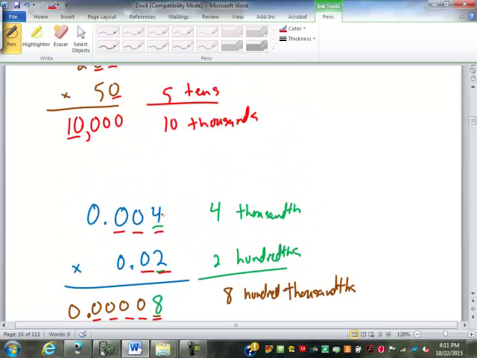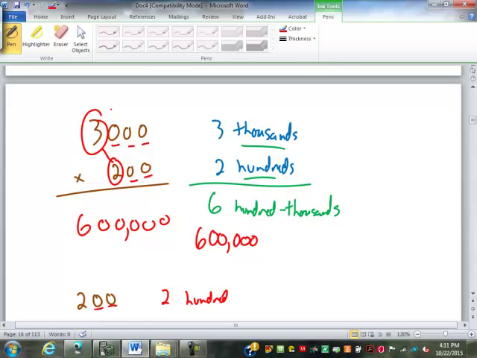If we scroll back up, 1, 2, 3, 4, 5 zeros. Those patterns that we've talked about all semester, those patterns are everywhere in math. As soon as you start to recognize them and put them together, that's less rules to memorize.